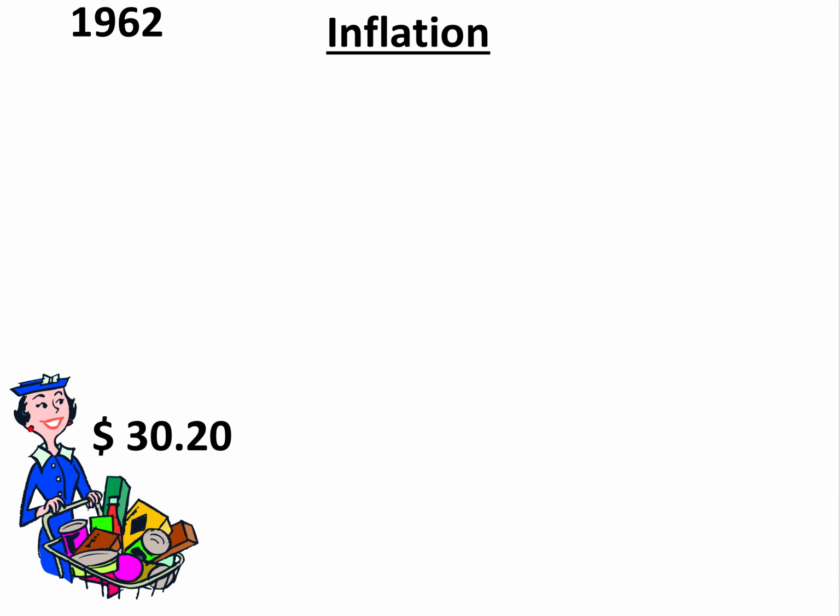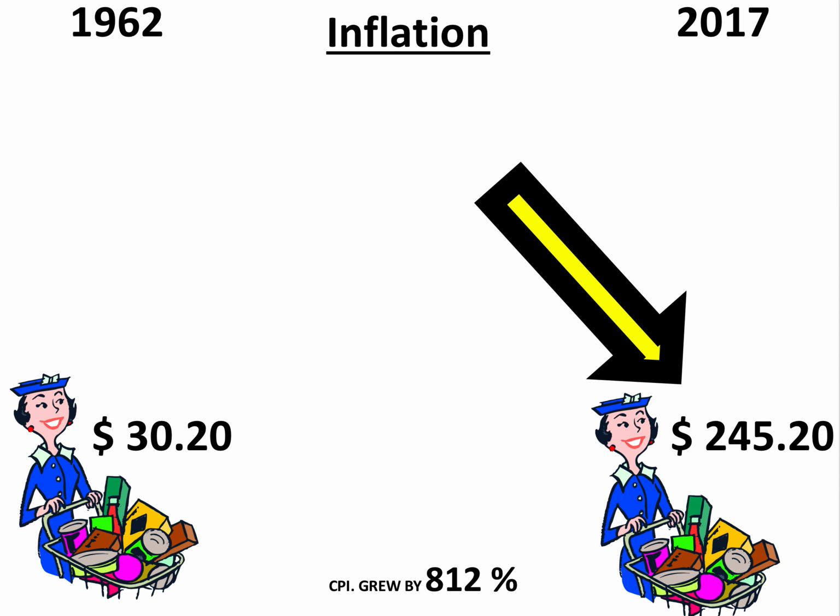Okay, so again, going back to 1962, we see that basket of goods would have been about $30 for a week. Okay, moving forward to 2017, 2016 roughly, we see that the price jumps to $245 a week for the same family. That means that over that 50 years, the consumer price index changed by 812%.